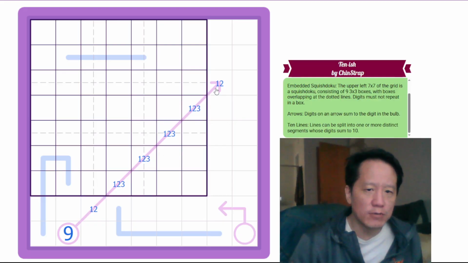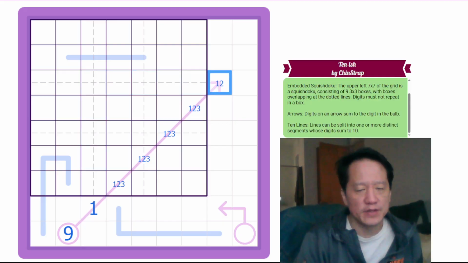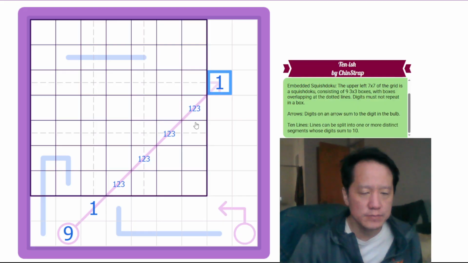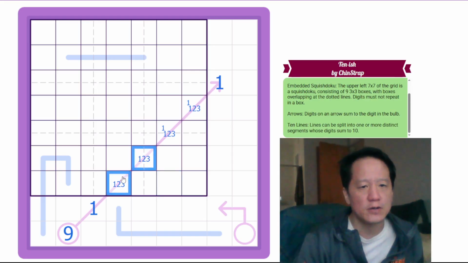What happens if we try 1 and 1 here? I think that won't work, right? If we have 1 and 1 here, this is some combination of 1, 2, and 1, 3, right? With a guaranteed 1 being here and a guaranteed 1 being here.